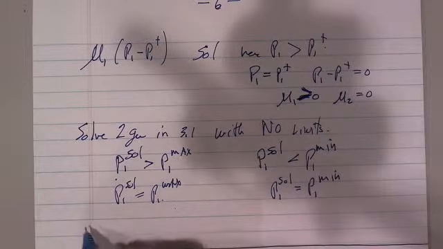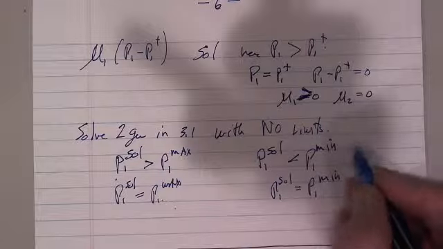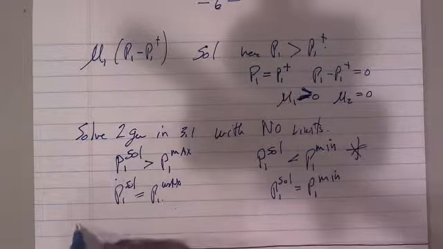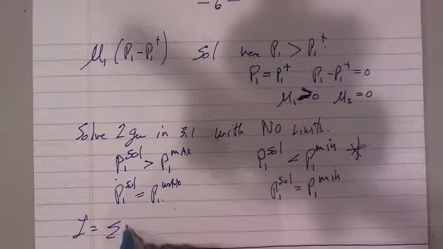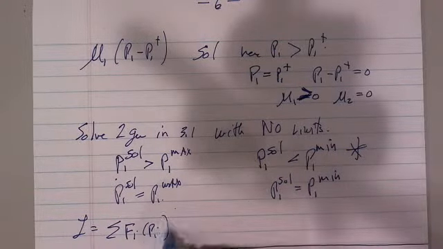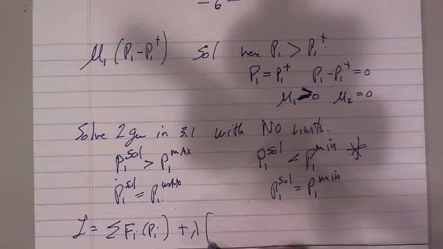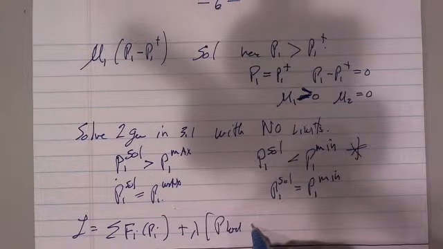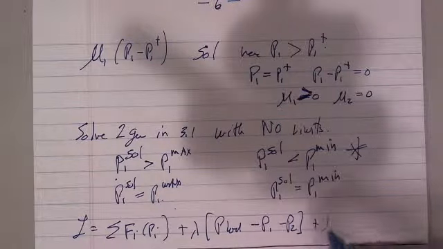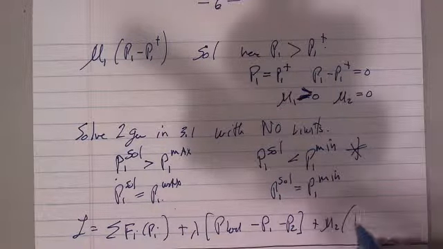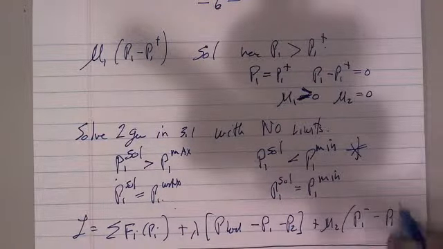Let me now write the Lagrange. This is the case that you have in that homework problem. So L will equal the sum Fi of Pi plus lambda times (P load minus P1 minus P2) plus mu2 times (P1 min minus P1).